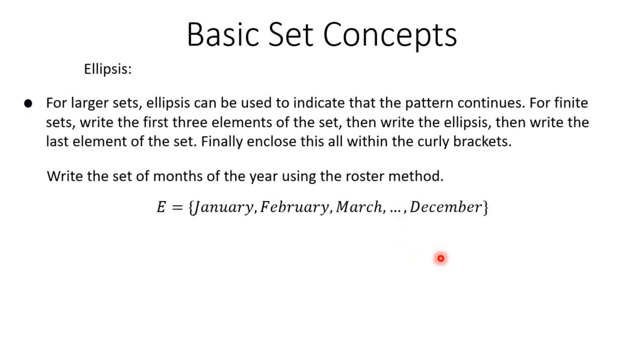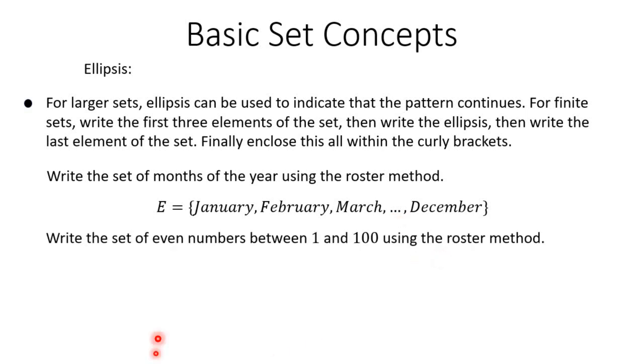All right, let's do that one more time. So write the set of even numbers between 1 and 100 using the roster method. Okay, so this set, let's call it F, and I'll list the first 3 elements first. So between 1 and 100, the even numbers, 2, then 4, then 6. Those are the first 3 even numbers after 1.